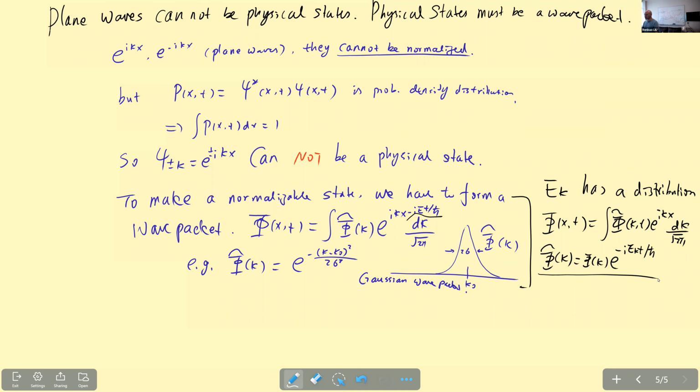So the interference will lead to this propagation of the wave packet. This wave packet is ψ(x) at t equals 0, for example, and then it's going to propagate to another position.